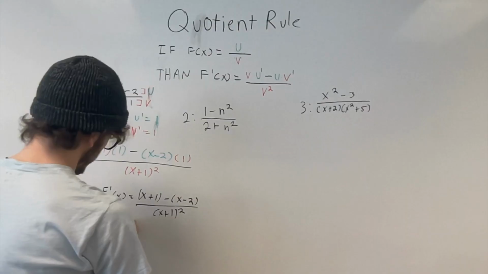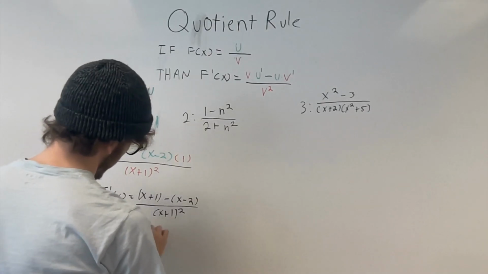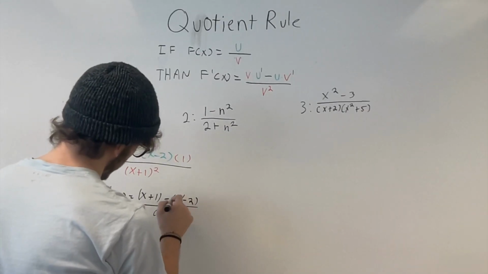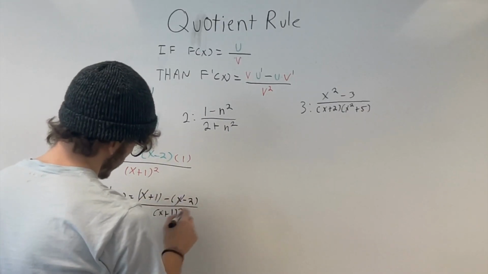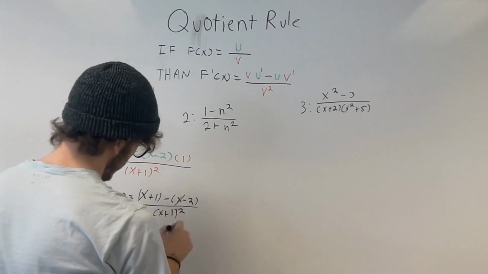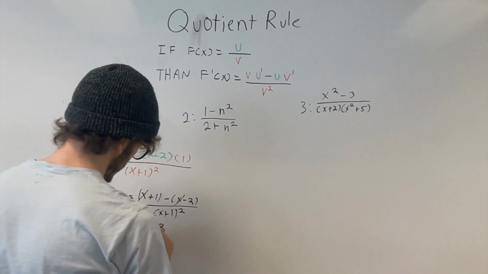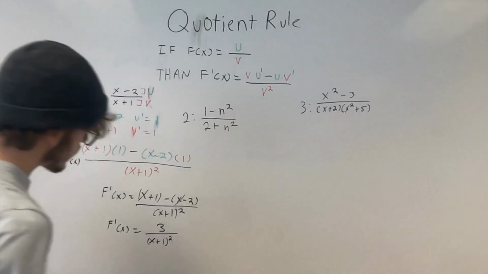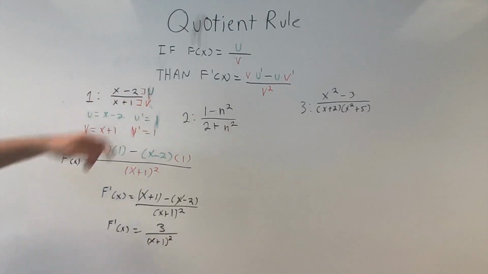We could simplify this a step further, right? We have similar terms up here. x minus x is 0, so the x's cancel. 1 minus negative 2, we're adding the 2, so that's 3 over x plus 1 squared. So that's the derivative for x minus 2 over x plus 1.